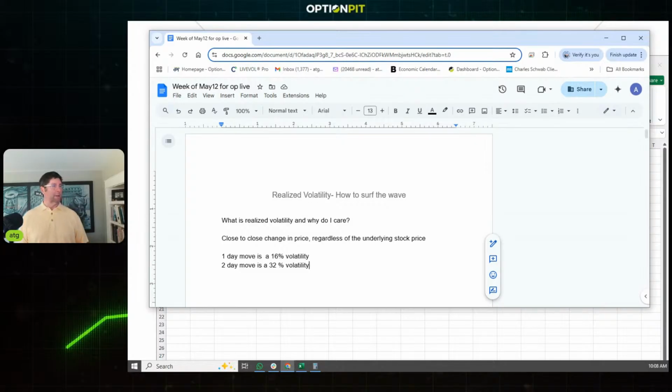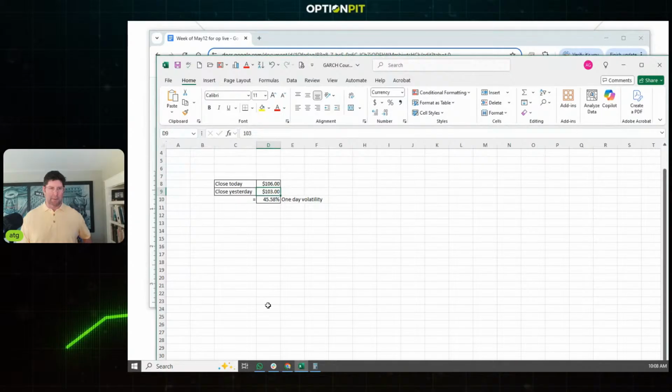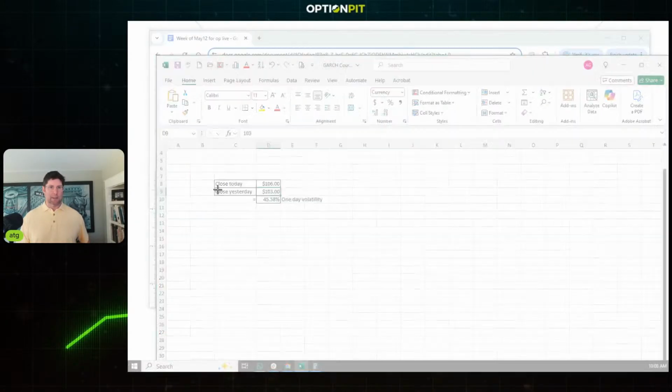So I'll give you an instance for Dell. Right now, today, you have a 48 volatility move, roughly about 3% today, 2.64%. So you know for a one-day move, this is our Dell example here. I'll just take this example and give it a little slice here.